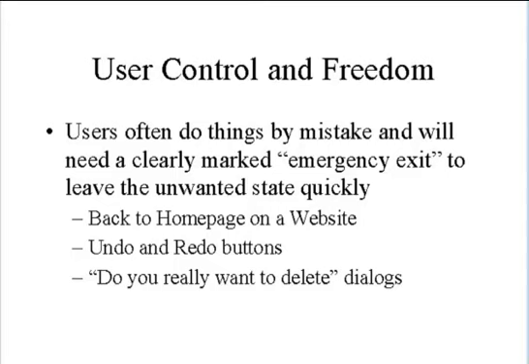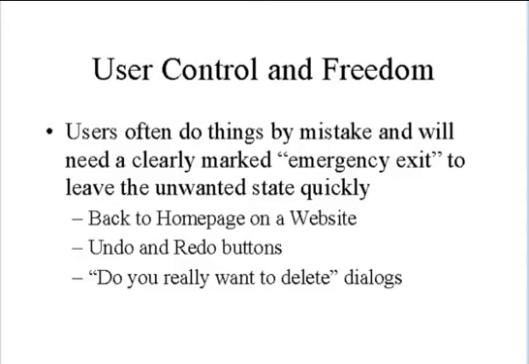The easiest way will be potentially to go back to the home page in order to allow you to retrace your steps. Similarly, the back button and the forward button within the web browser is particularly geared to upholding this heuristic, namely of allowing you control and freedom. If you've accidentally navigated to a page you didn't want to, you click back, you get immediately back to where you came from.